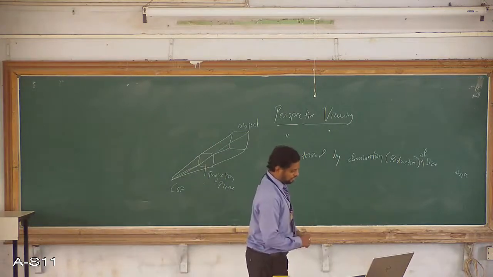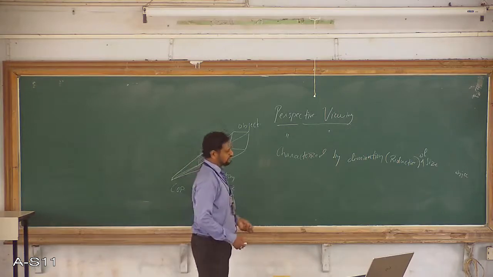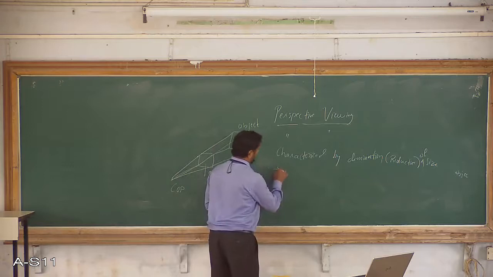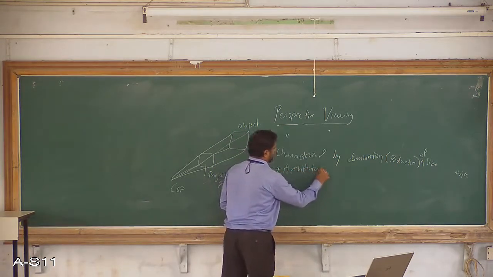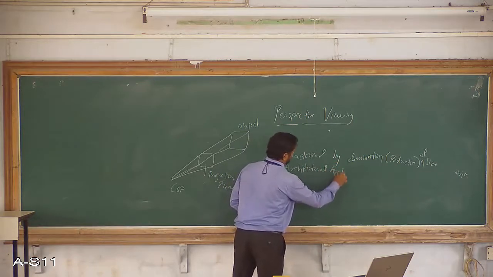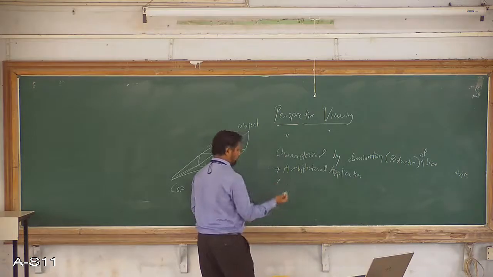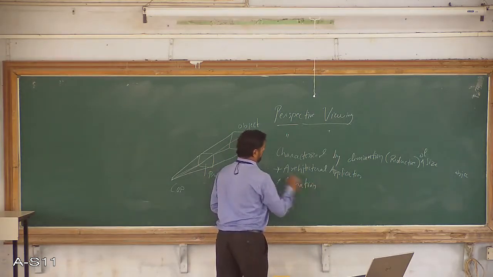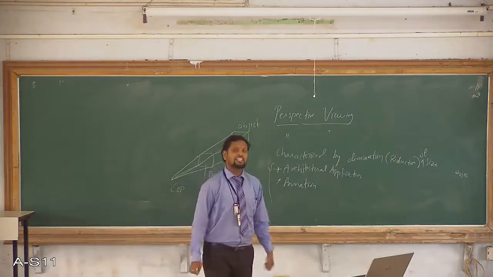Next, where basically do we use this perspective viewing? We use it in architectural applications, and you might be watching cartoons, right? That you can call animation. So in these two industries, perspective viewing is being used.